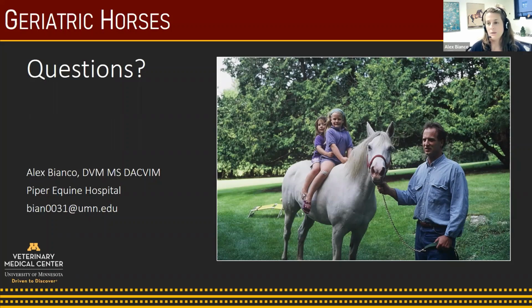I would say it depends on what testing has been done, and I would work with your veterinarian to make sure, because we don't have perfect tests for insulin dysregulation. So it depends on what test was done and how equivocal it was. But I would rather have a horse that didn't get pasture than a horse that has foundered. So I'm always going to err on the side of caution there.